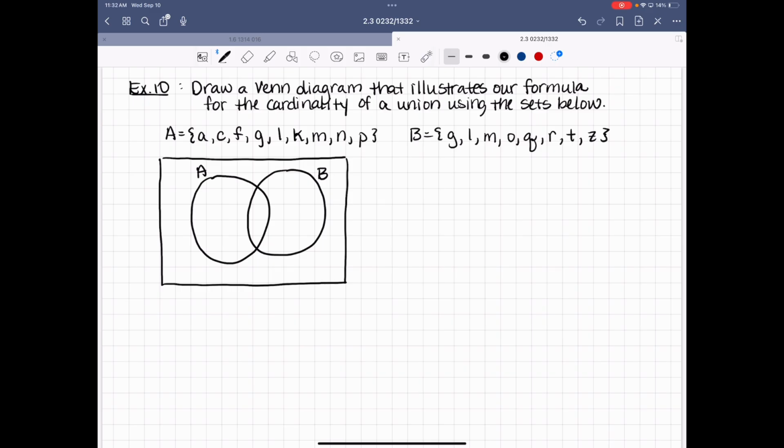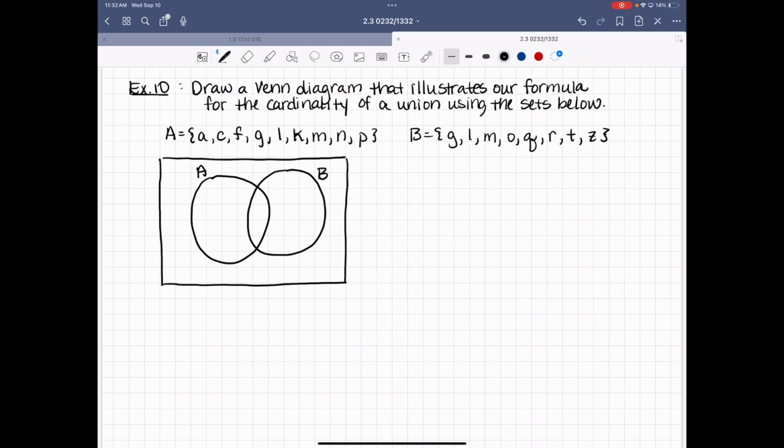Now the easiest way to do this, guys, is to fill in the intersection first. And this is a lead-in to 2.4 because we do a lot of these with actual elements in it. You go, who goes in the intersection first? You write in who's in both of them first.